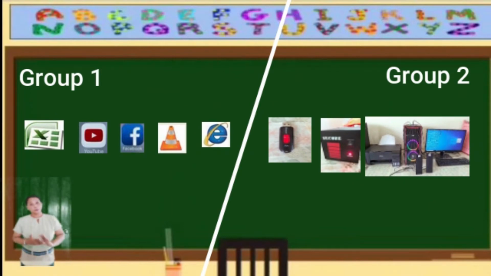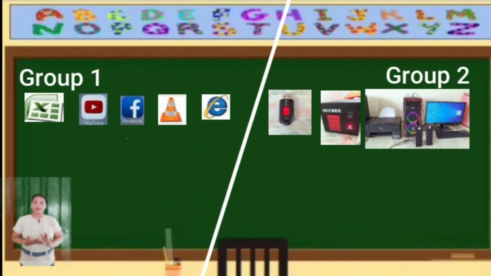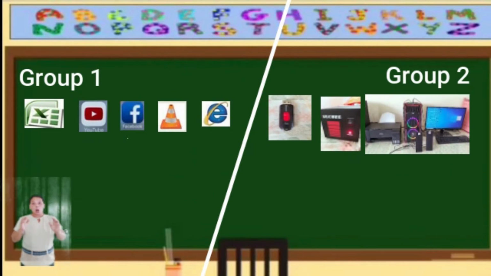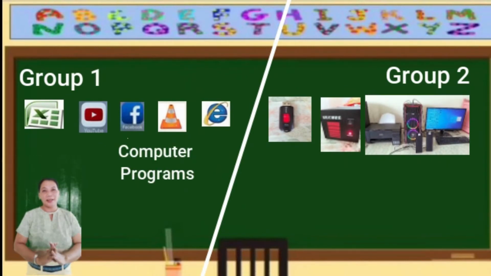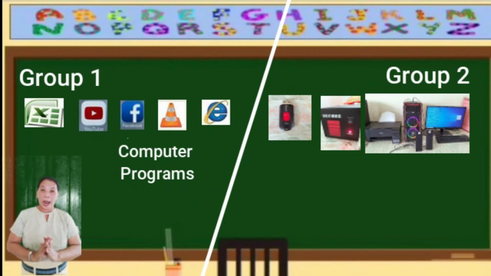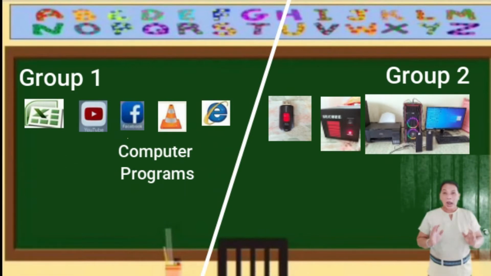Now that we have grouped the icons according to their types and similarities, what did you notice about the group 1 icons? Very good, class. You're correct. The group 1 icons are computer programs which we use every day. How about the group 2 icons?